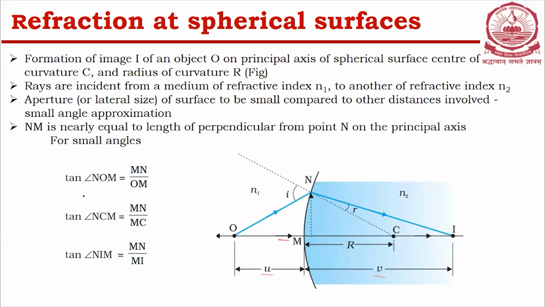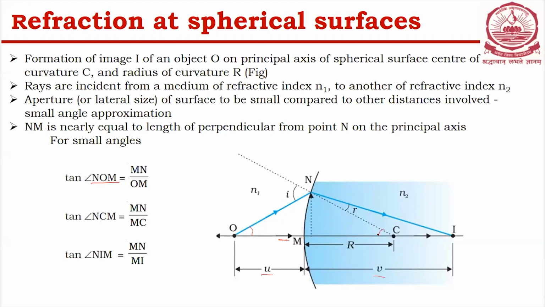Now coming to tan of NOM. This angle is mentioned here. Tan of NOM is equal to, because the angle is small, tan theta becomes theta, so it is the opposite side MN divided by OM. Similarly, tan of NCM is MN divided by MC.